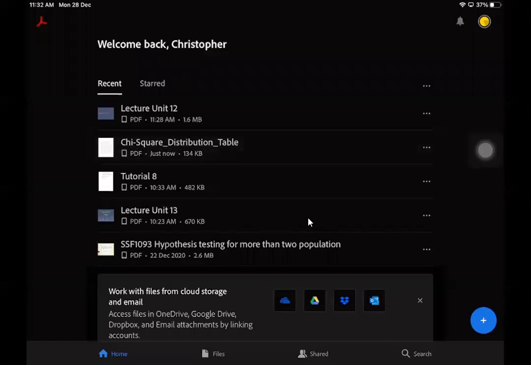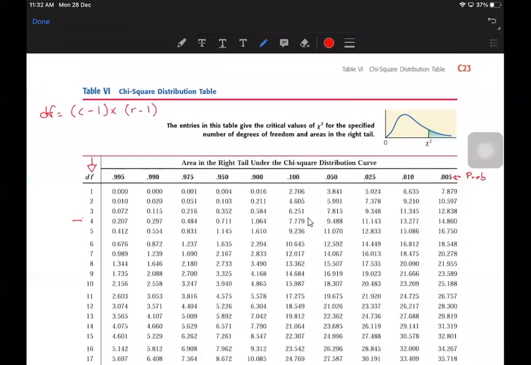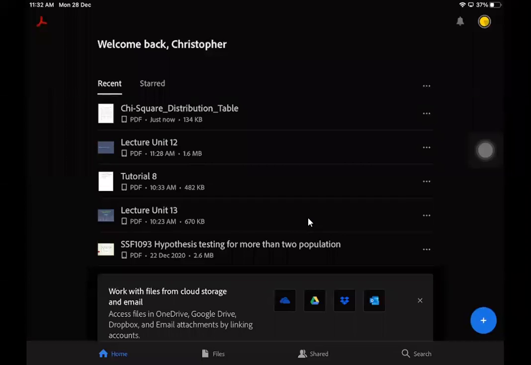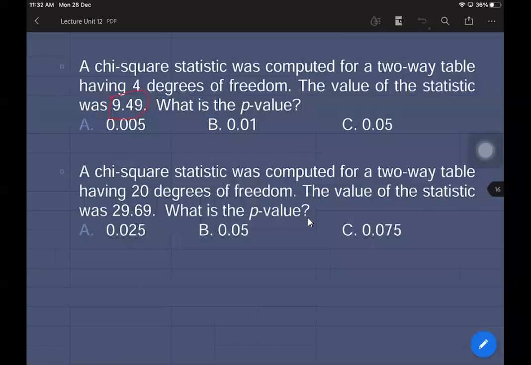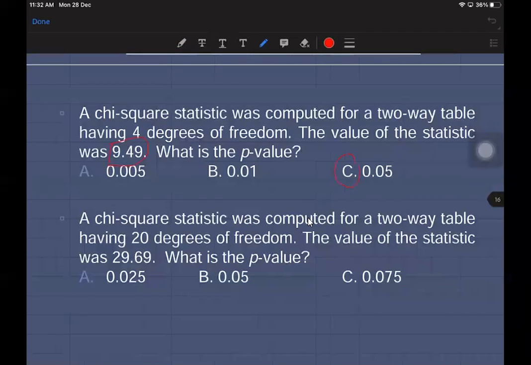We look at row 4 here, and 9.49 is here. So the answer will be 0.05, which is option C.